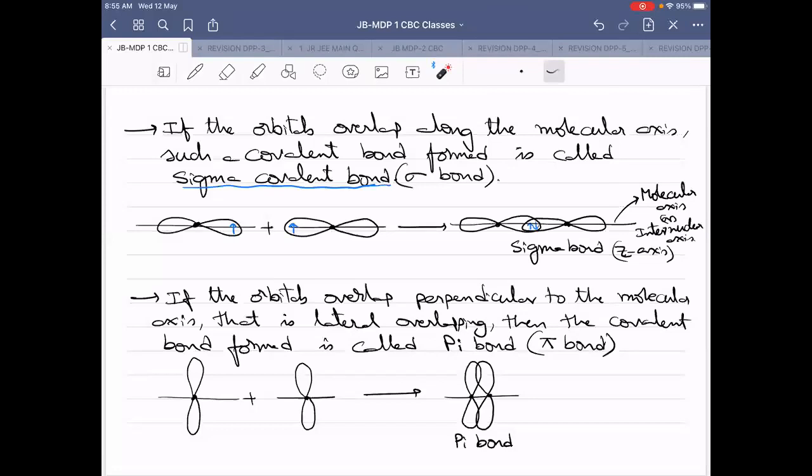Completed, everyone? Oh, still taking. Generally, z-axis is considered as the molecular axis, internuclear axis. After you complete it, put the hand down.